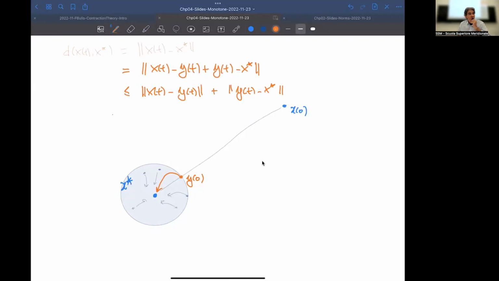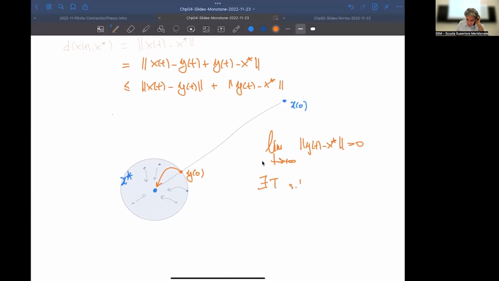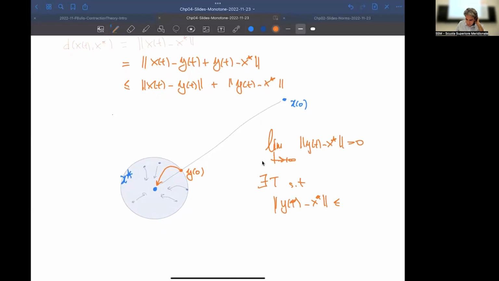Now, what do we know? We know that the limit as t goes to plus infinity of y at t minus x star is 0, because y goes to x star. So we also know that there exists a time t such that y at time t minus x star is upper bounded by 1/2 of y at time 0 minus x star.